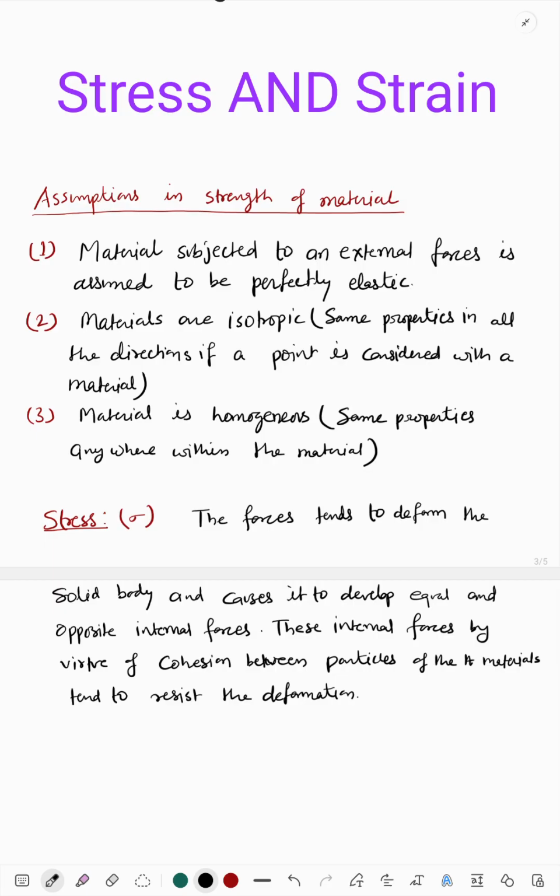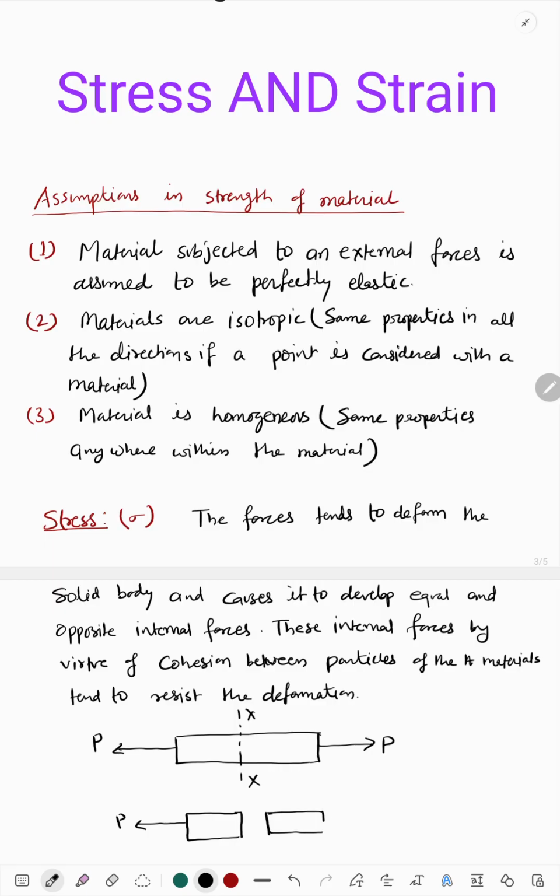Suppose this is a member which experiences a load at both the ends. Let's take a section XX. Load is being applied here, that is P, a tensile force.